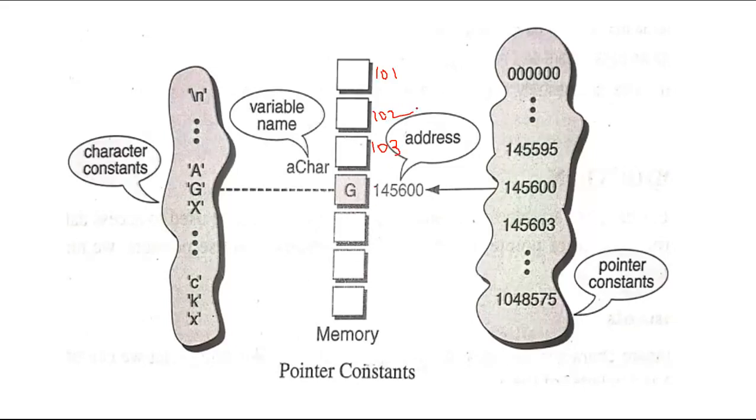In the same way, in your computer, the memory address starts from all zeros. So the first location's address is 00000, then the second location's address will become five zeros followed by 1, isn't it?